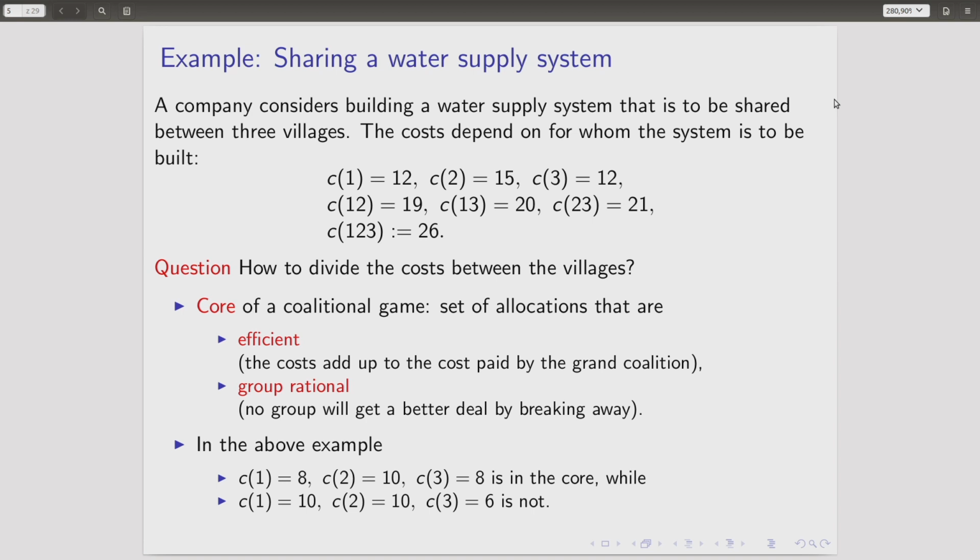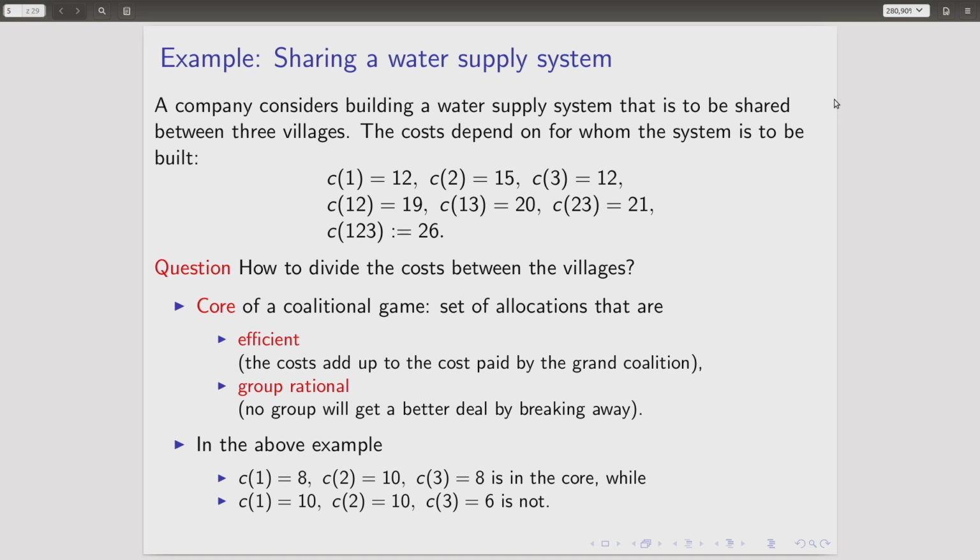But if villages 1 and 2 together propose to get connected, then they only have to pay 19, and so on. And if all 3 villages agree, then they have to pay 26. So suppose that this is what happens, and now the villages decide that they will, all three agree that they will be connected to the water supply.